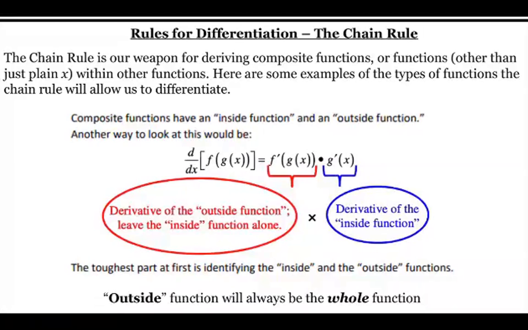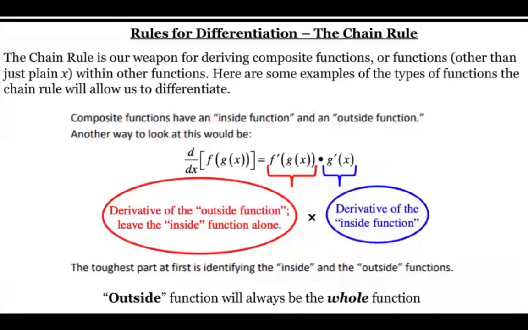Chain rule is our weapon for deriving what we call composite functions, or functions other than just plain x. Composite functions are functions that have been combined, or a function inside of another function.